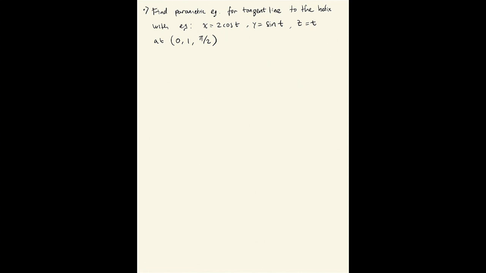Helix means the shape of the vector function will be a helix like that. Usually the base is a circle, and it levels up as z increases, and you will have a helix.